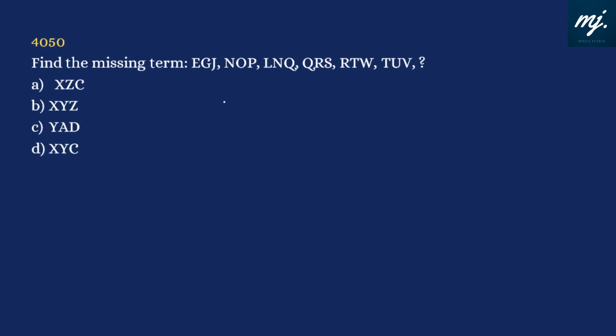Find the missing term, again alphabets. E, F, G, H, I, J, E, G, J, F, I, J. M, N, O, P, N, O, P, I, J, K, L, K, L, I, J, K, L, L, M, N, O, P, Q. This one will go to this end.